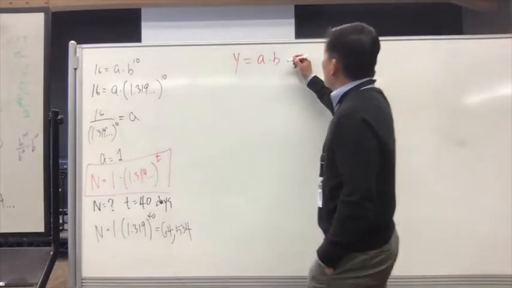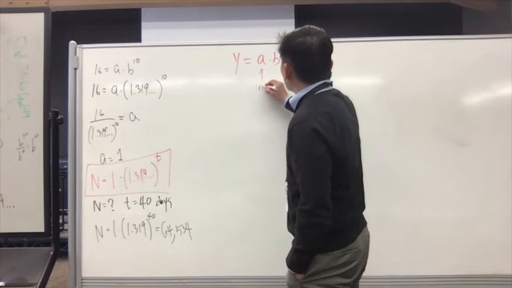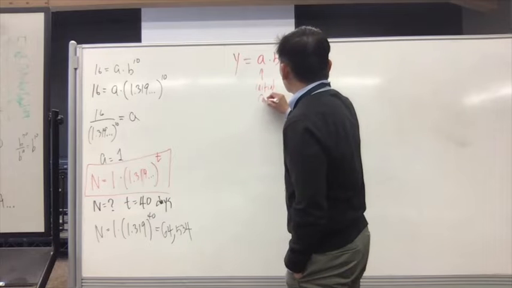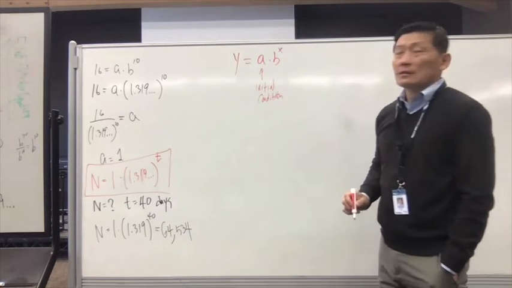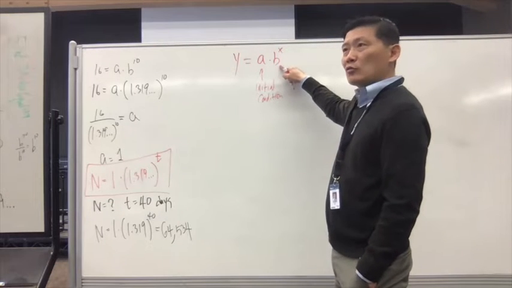Y is equal to A times B to the x. A is usually the initial condition, right? And this B value is quite interesting.